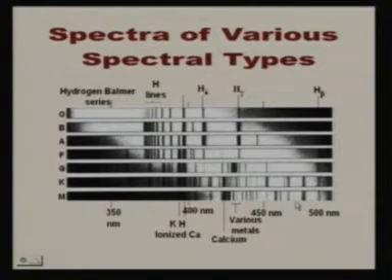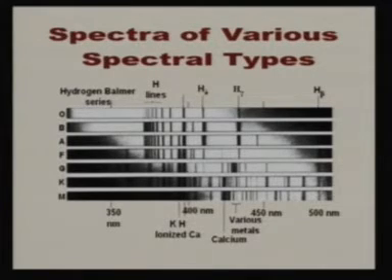So you can see that the complexity of the spectra keeps on increasing as we go from O, B, A, F, G, K to M. And this was the basis of classification proposed by Annie Cannon, that depending upon what kind of spectrum there is, she classified the star either as O or B or A or F, G, K and M.